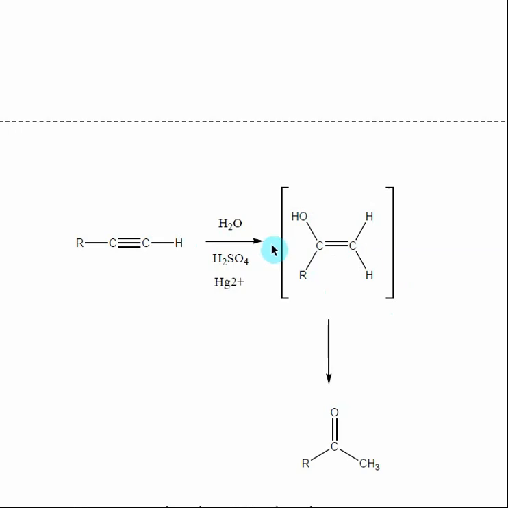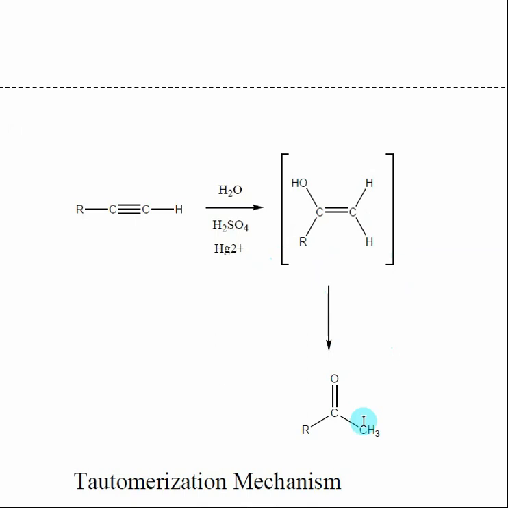And like I said, we'll talk about this more next semester, it is actually more stable for the double bond to be on the oxygen. So the C double bond O is a more stable bond than the C double bond C. So it's kind of thermodynamically favorable for this molecule to rearrange.